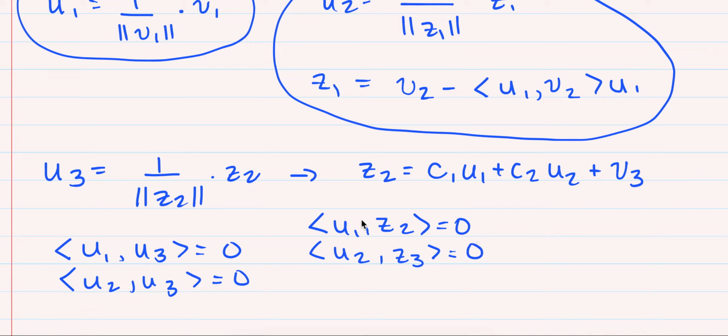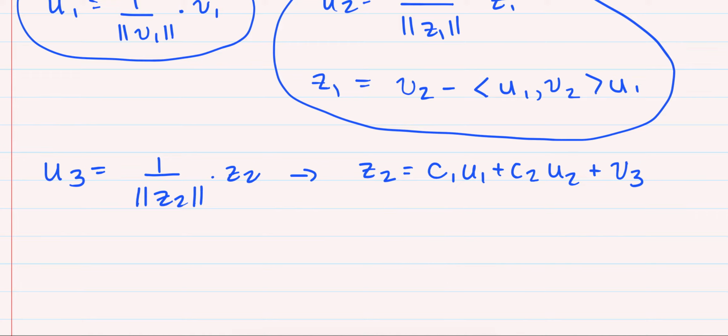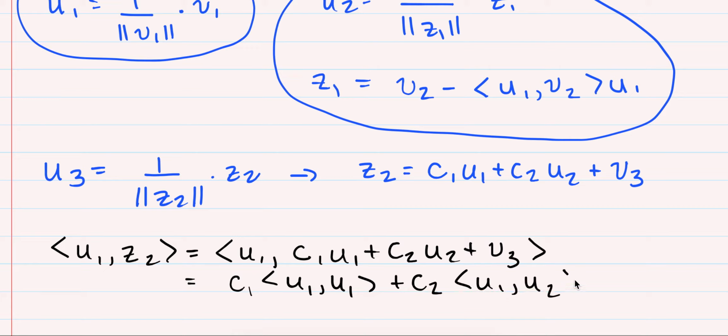So let's actually calculate these inner products. The inner product of u1 with z2 is the inner product of u1 with c1 u1 plus c2 u2 plus v3, which is equal to c1 (u1, u1) plus c2 (u1, u2) plus (u1, v3).